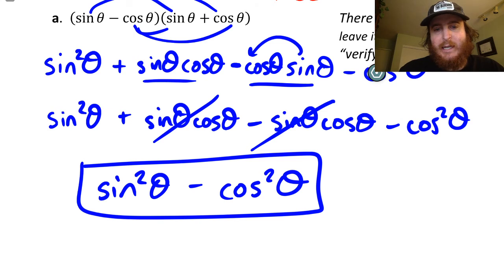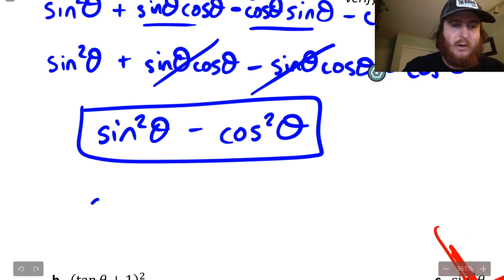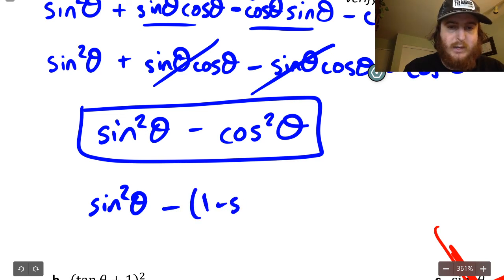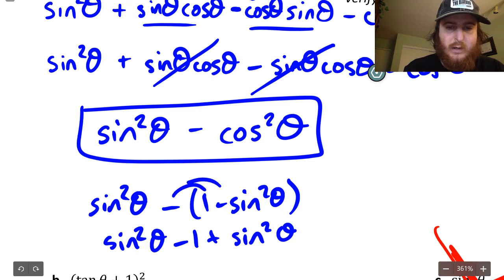But if you're doing an identity, they might want just sines, or they might want just cosines. So they might do something like cosine squared is 1 minus sine squared. And so that becomes sine squared theta minus 1 minus, or plus sine squared theta, right? Because this negative distributes. And so now we get 2 sine squared theta minus 1.